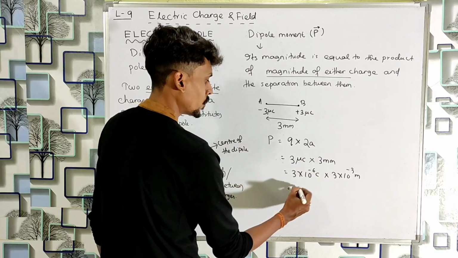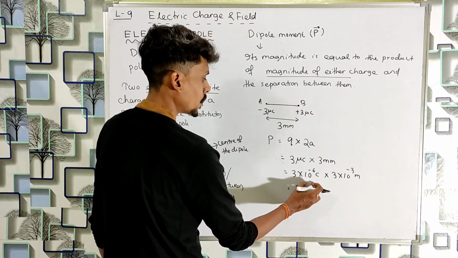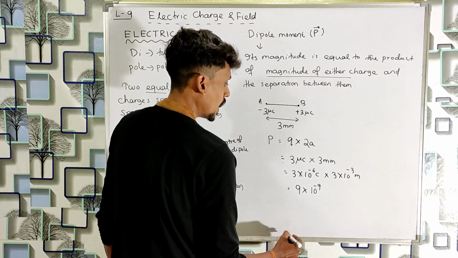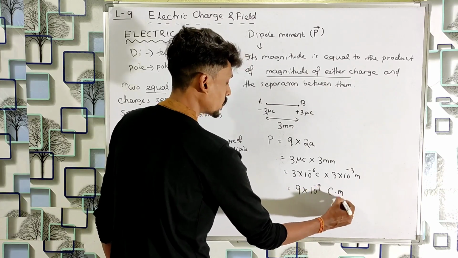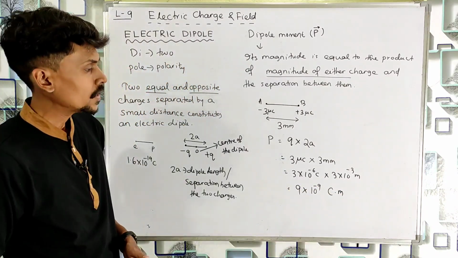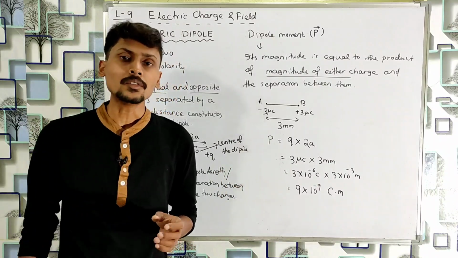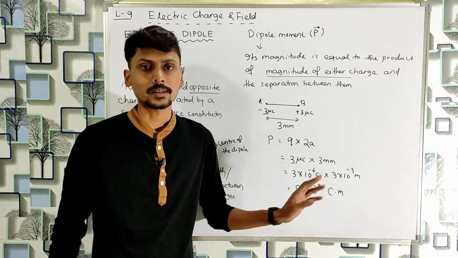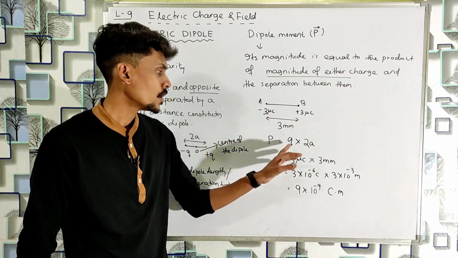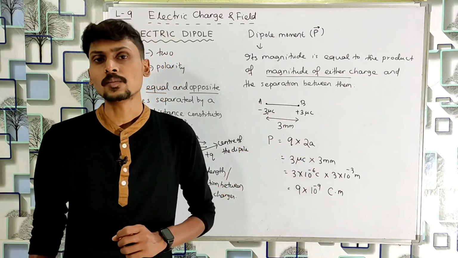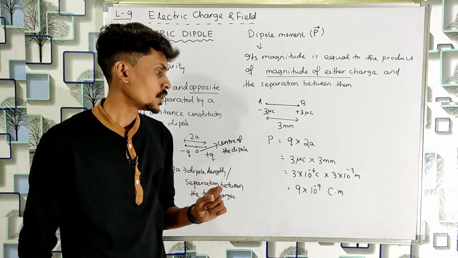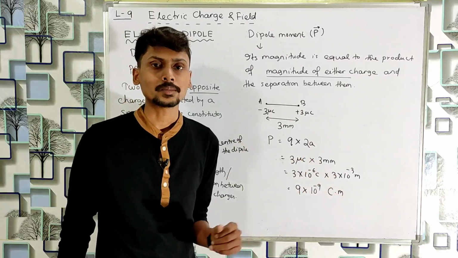So 3 into 3 will be 9, into 10 to the power -6 into 10 to the power -3 will be 10 to the power -9, and the unit will be coulomb into meter. The SI unit of electric dipole moment is coulomb into meter, because it is the product of charge and separation between the charges, charge and distance. So the SI unit is coulomb into meter.